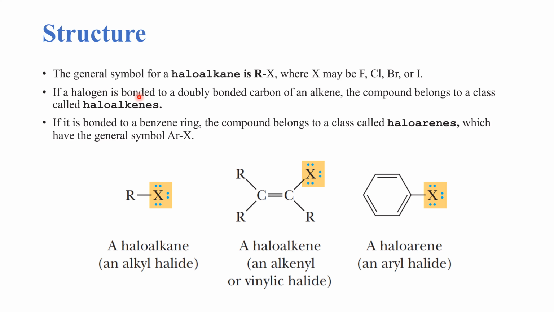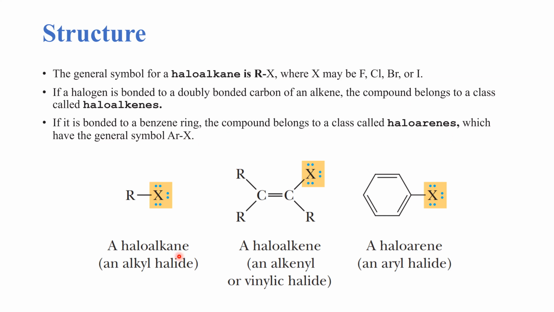If a halogen is bonded to a doubly bonded carbon of an alkene, the compound belongs to a class called haloalkenes. If it is bonded to a benzene ring, the compound belongs to a class called haloarenes, which have the general symbol ArX. So this is a generic formula of all of these classes, subgroups of the alkyl halides.